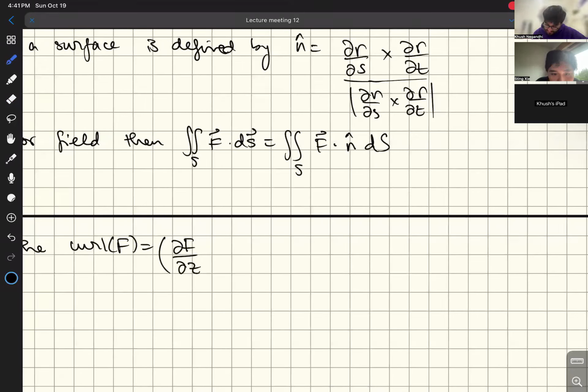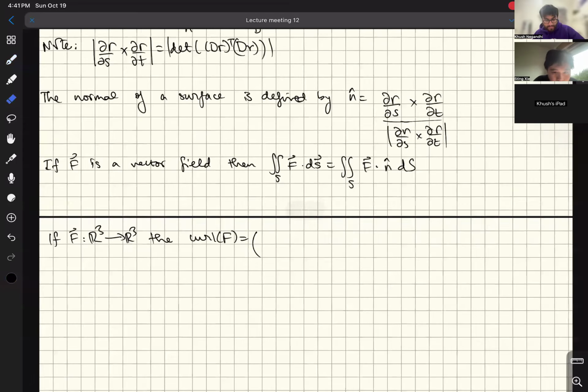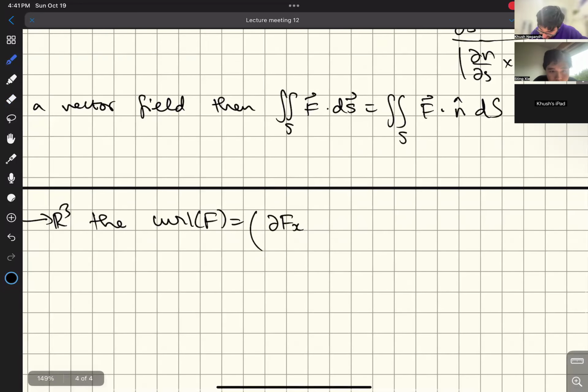Wait, let me actually, okay. So it's going to be the partial with respect to z minus the partial of f with respect to y. Hold on, sorry. So f has three components: fx, fy, and fz. So it's the partial of fx with respect to z minus the partial of fx with respect to y.